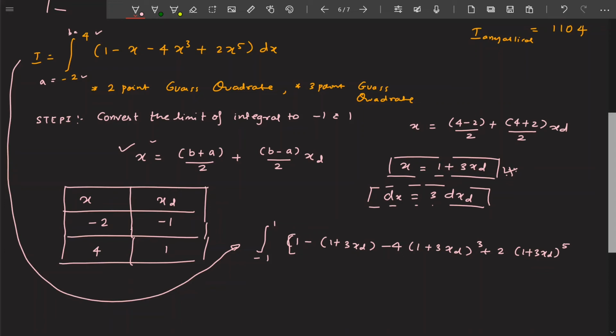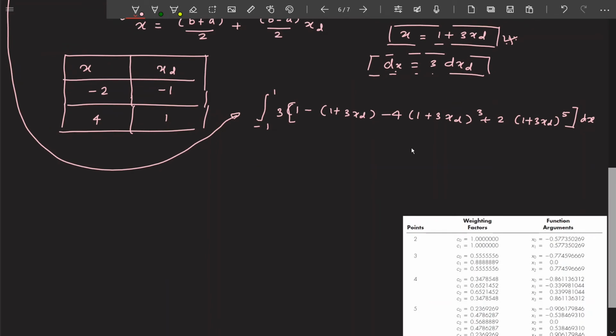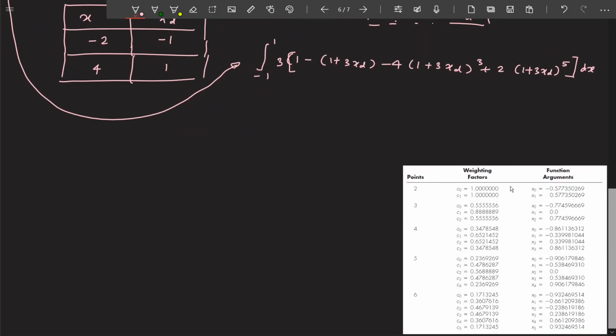Okay, we forgot one more thing. We have to replace dx by dxt, and also there will be 3, so let me bring this 3 here. So this will be our converted integral, and this is the integral we have to solve.